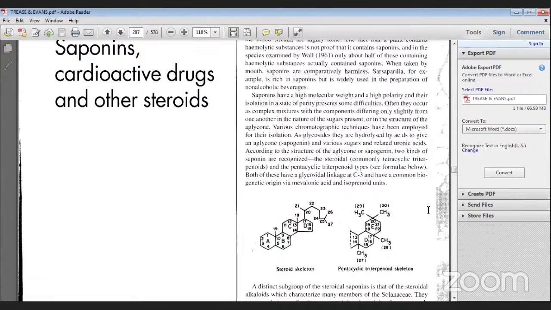This is the steroidal skeleton, which is the tetracyclic triterpenoid, and this is the pentacyclic triterpenoid.